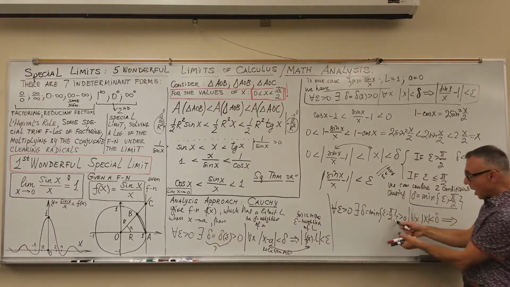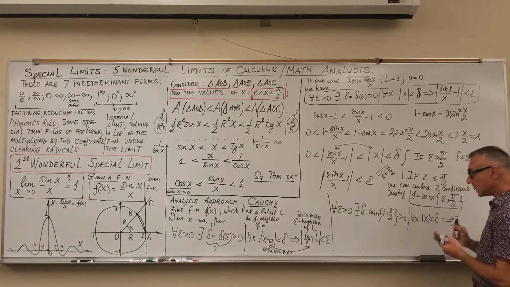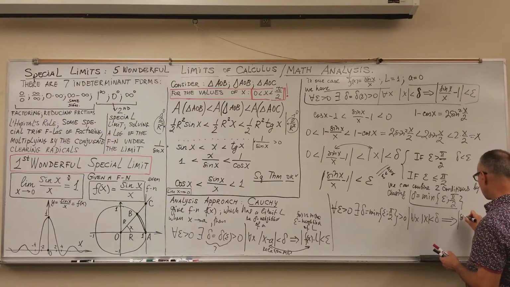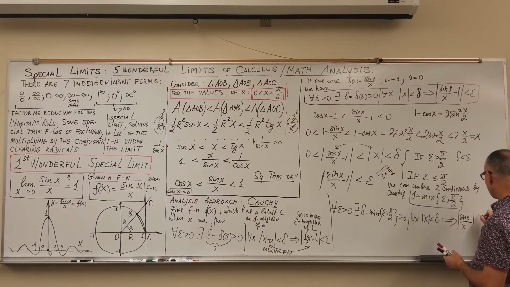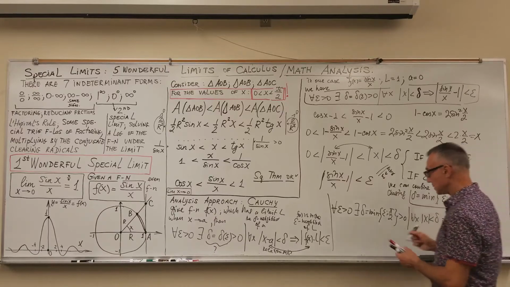This is how I have chosen my delta, so that sine x over x minus 1 is less than epsilon.